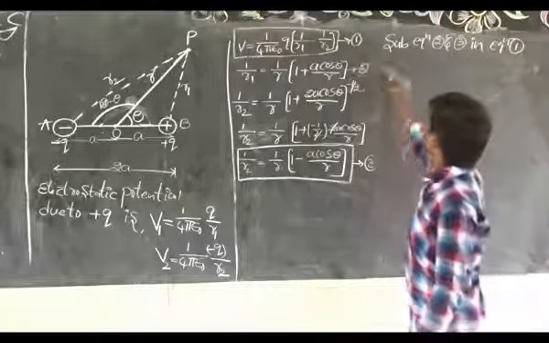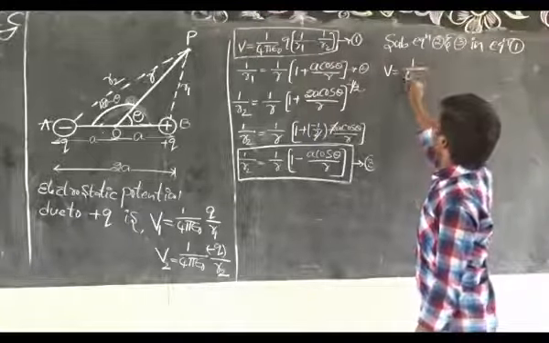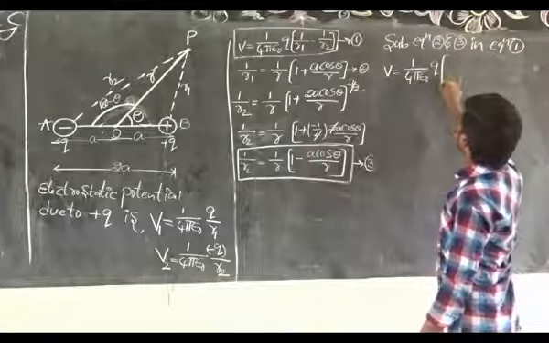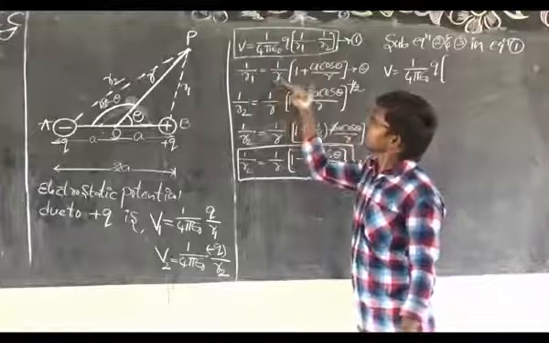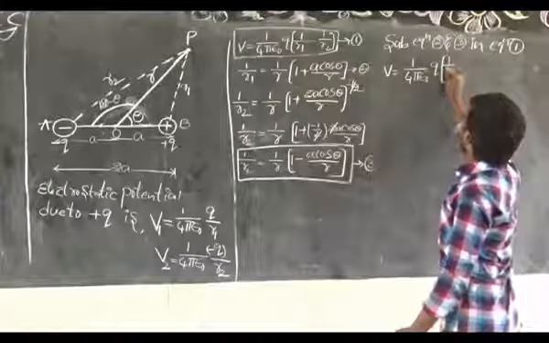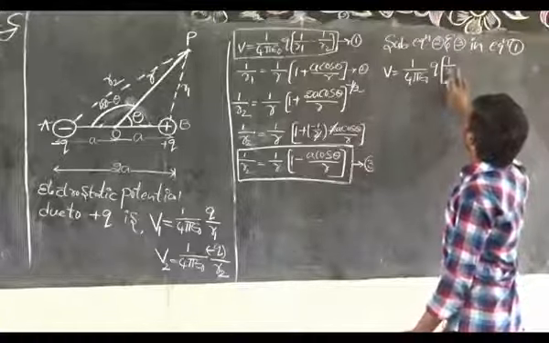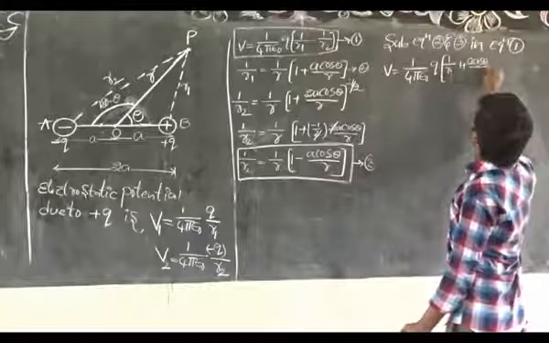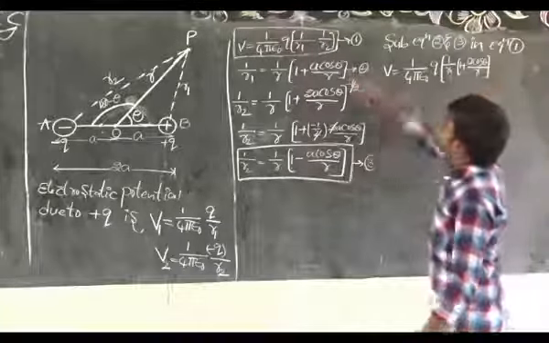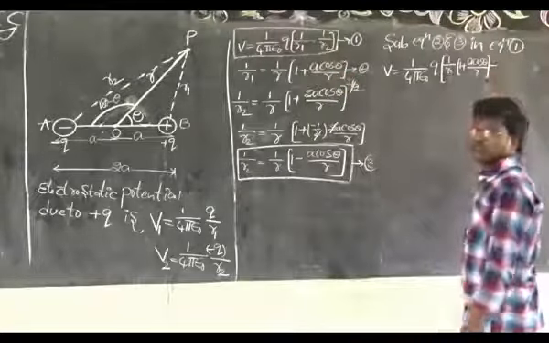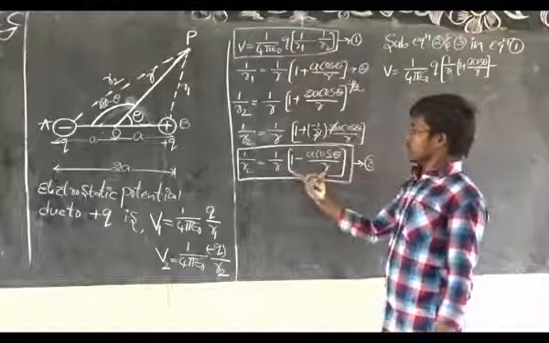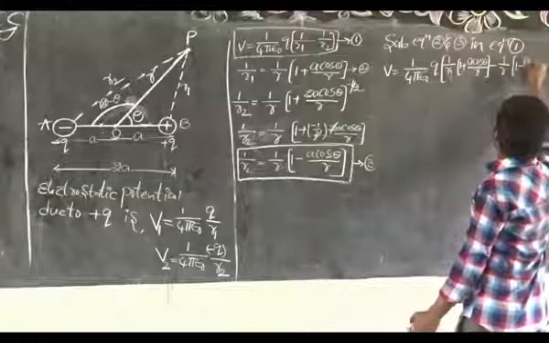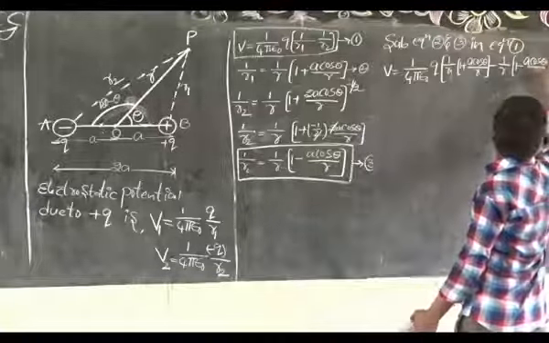This is the equation: V is equal to 1 by 4 pi epsilon naught into Q into, what is the 1 by R1 value? This one, so please substitute: 1 by R into 1 plus A cos theta by R. Here the minus symbol is there. What is the 1 by R2 value? This one. Please substitute: 1 by R into 1 minus A cos theta by R.